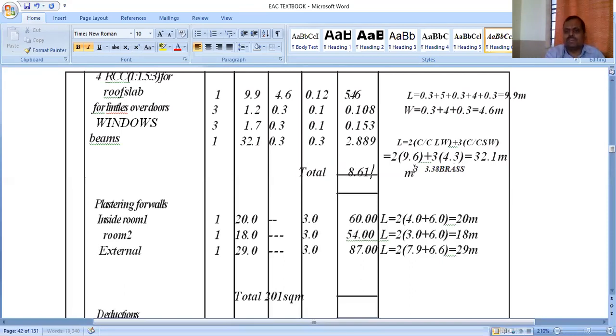But you have to convert it into brass. You have to just convert it into brass, divided by 2.83. 8.61 divided by 2.83 will be 3.02.